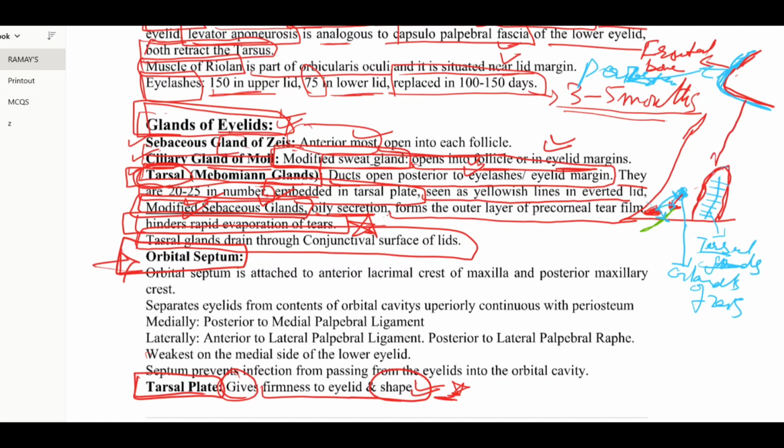The orbital septum attaches to the upper border of the tarsus. This is the tarsus, we have already studied that. So we can say that the orbital septum is a thickening of the periosteum which covers the orbital bone. So this periosteum gives rise to the orbital septum, which attaches to the upper border of the tarsal plate.